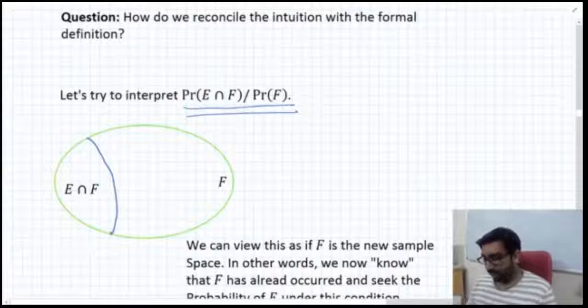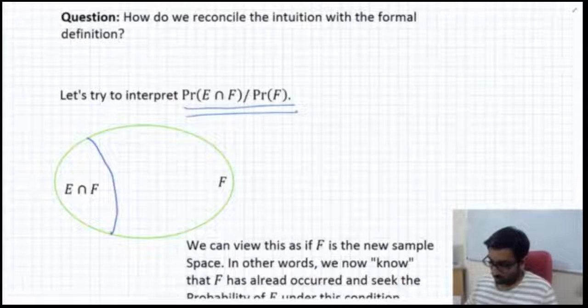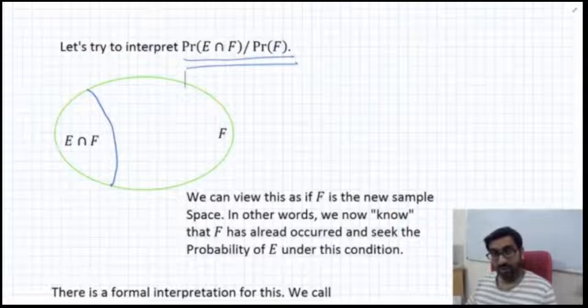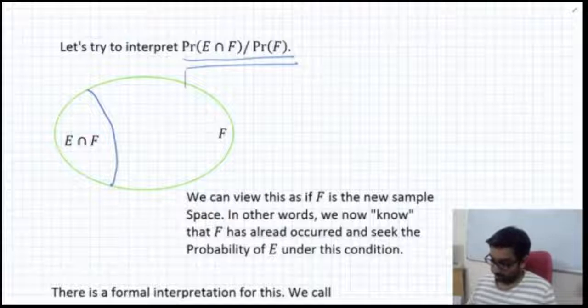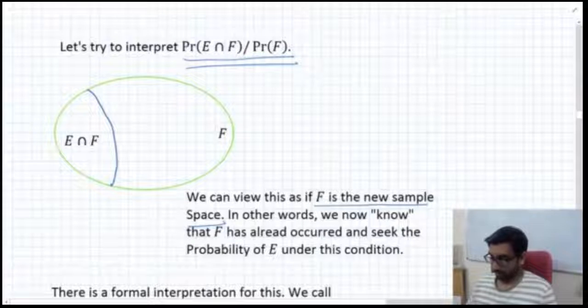So this division by the probability of F can be thought of as a normalizing division, in which what we're doing is restricting the sample space. This division by F can be viewed as if F is the new sample space.